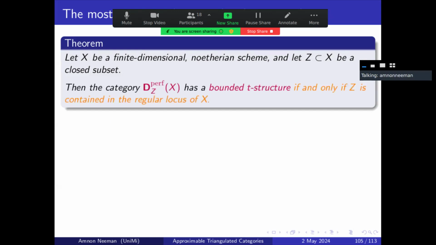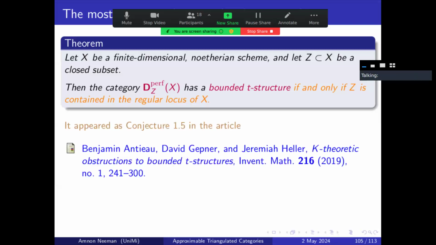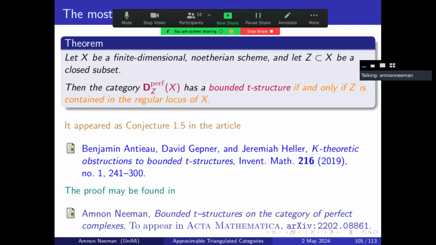Then the category of perfect complexes, maybe I should be careful, these are the perfect complexes on X whose restriction to X minus Z is acyclic, has a bounded t-structure if and only if Z is contained in the regular locus of X. So it appeared as a conjecture in this article of Antieau, Gepner, and Heller, and the proof may be found in this paper.